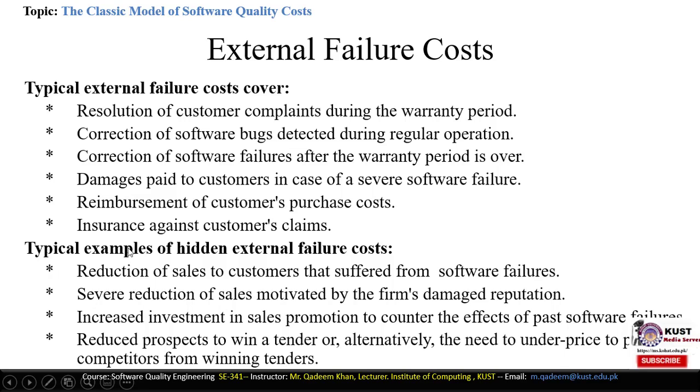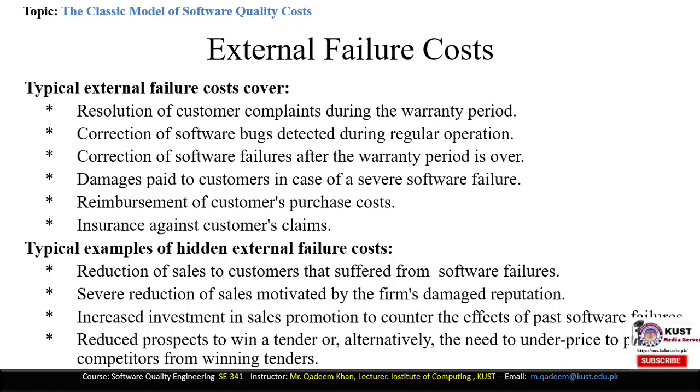For example, if you are developing software which will control a car, and due to defects in your software the system is unable to drive the car and the car is damaged, then the insurance on the car will be paid by the development organization, and the customer is entitled to claim the insurance against those costs. That is a type of external failure cost.